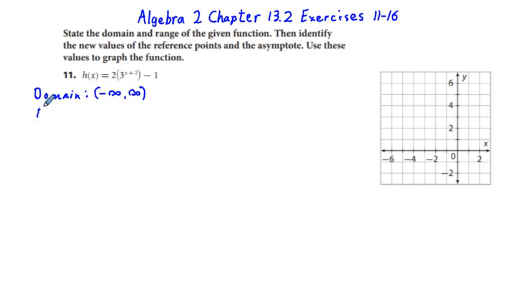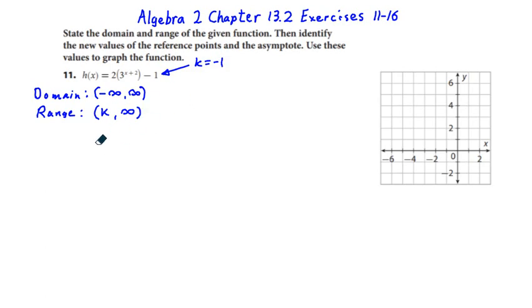Now for our range, if a is greater than 0, in this case it's 2, our range is going to be greater than k up to less than infinity. And in this situation we have k is equal to -1.